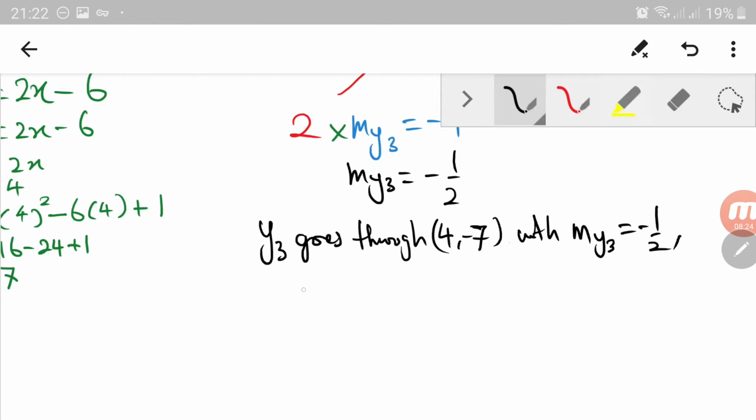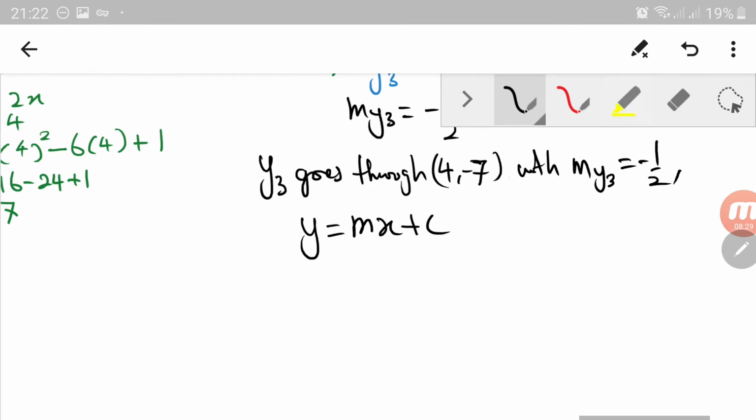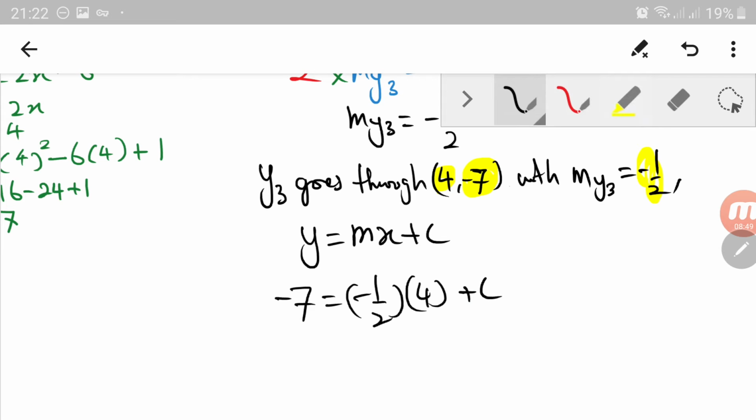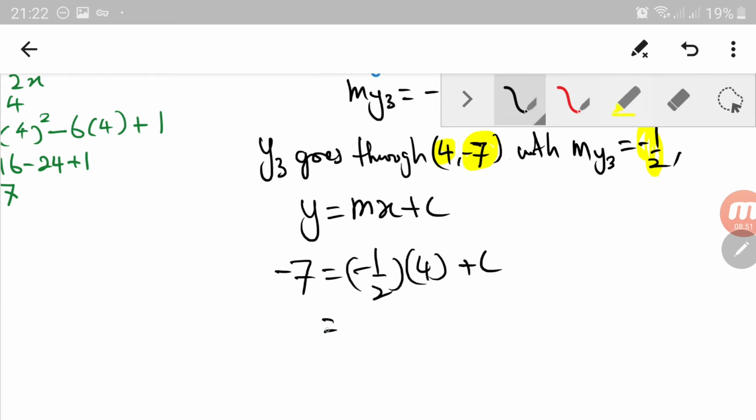So we can plug it into y equals mx plus c. y is minus 7, m is minus half, and 4 is the x. For us to figure out what c is: minus 7 equals minus 2 plus c. So c equals minus 5.